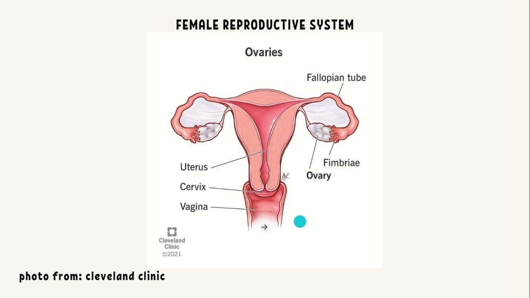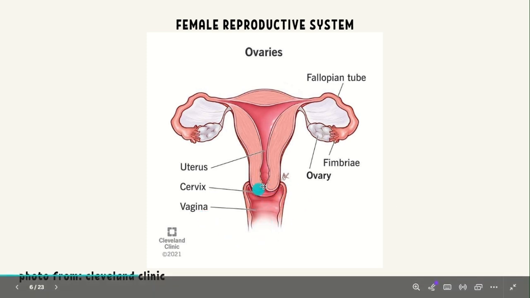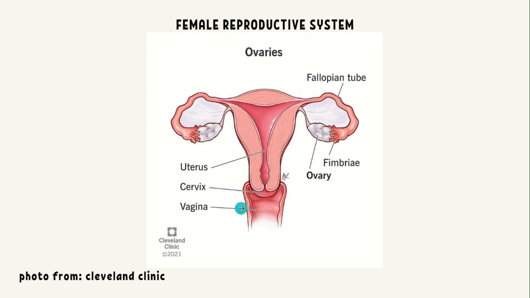If for example you go to the gynecologist, this area from the opening back to the cervix is basically what they would be able to see. That's all they can see. And then further up is the uterus, which is very important. For example, with the menstrual cycle, the uterus lining would shed, or basically break down.